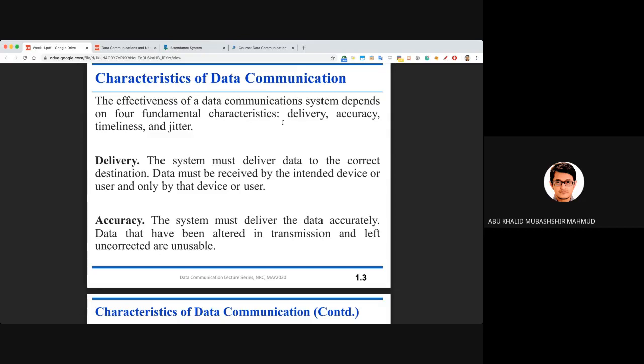Now, if I am delivering this lecture to other sections, not to you, it's not effective data communication. And that's what you should remember. Why delivery is effectiveness of a data communication system.